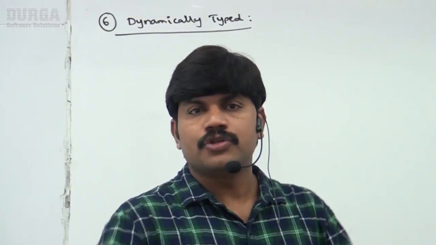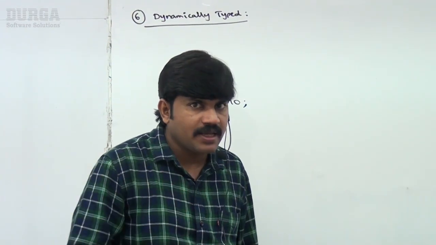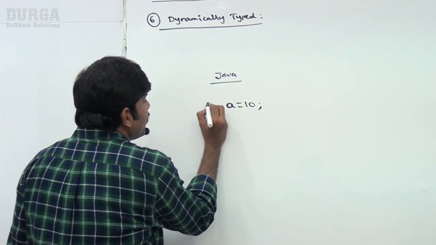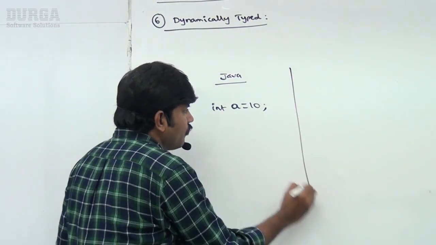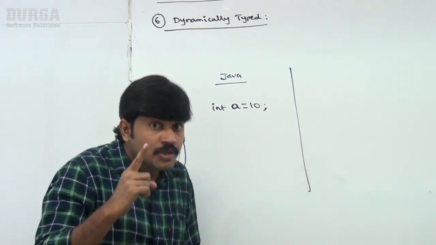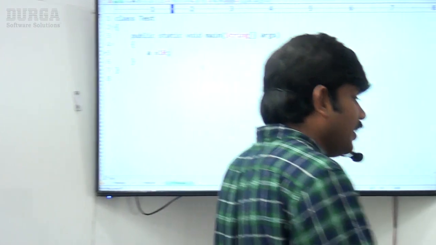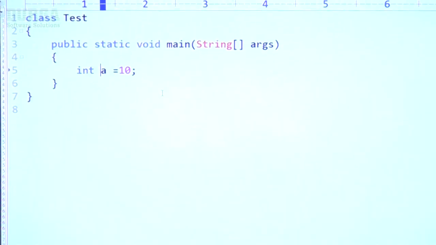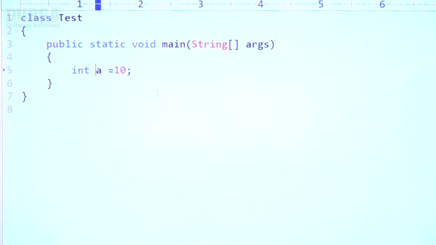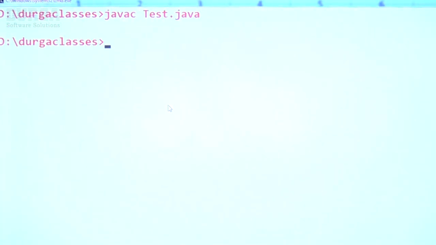So each and every variable you have to declare with the type, then only it is going to be accepted. Compulsorily we have to take int a is equal to 10. Remember this. Int a is equal to 10, then only it will be acceptable in Java. Now it is accepted, no problem at all.